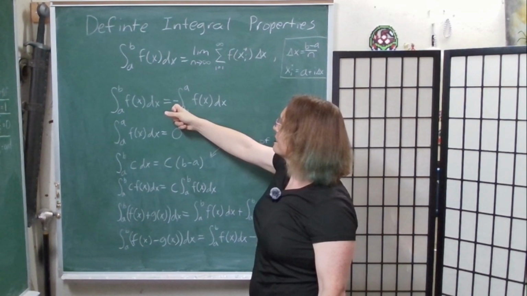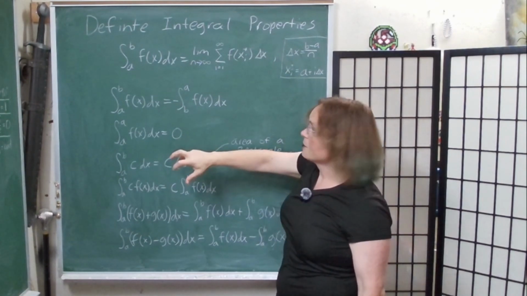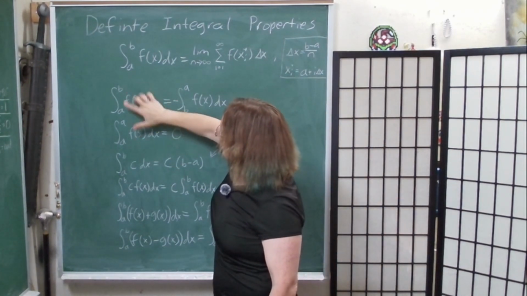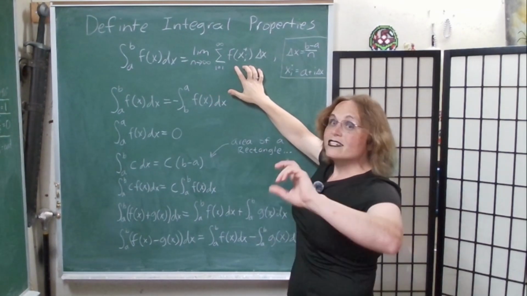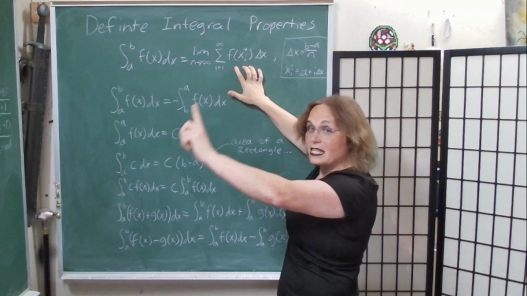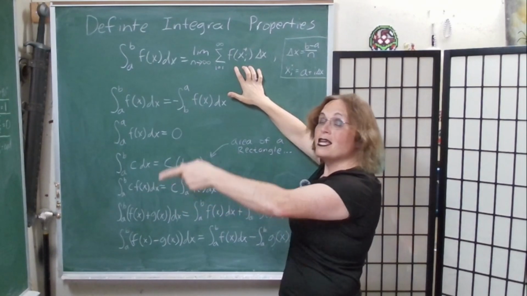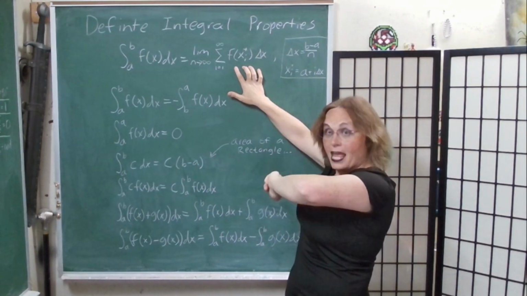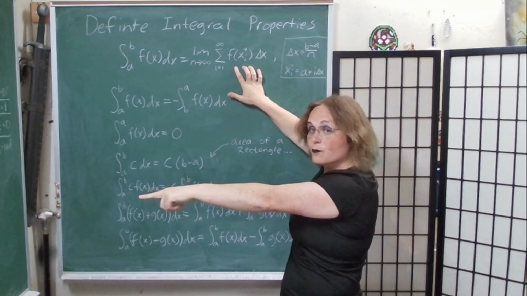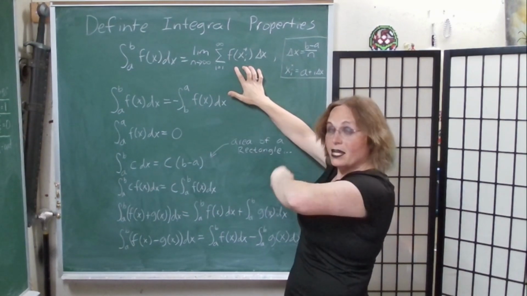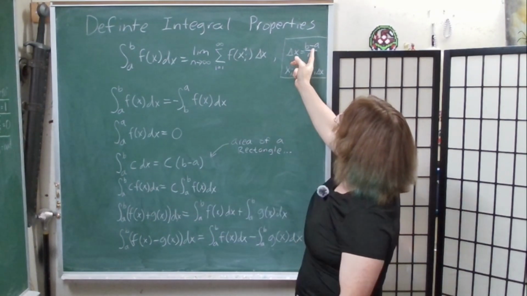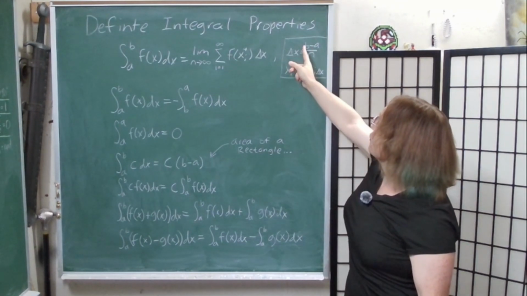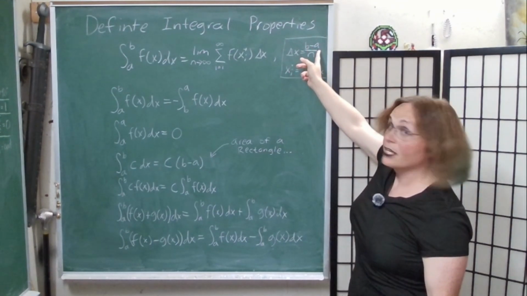And again, here with this negative, it should make sense because when we're talking about the Riemann sum, we defined a as being the x0 and b as being the xn, right? So that meant that a was the smallest term and b was the biggest term. So if we flip those, that means that up here, we would be doing the smallest term minus the biggest term.